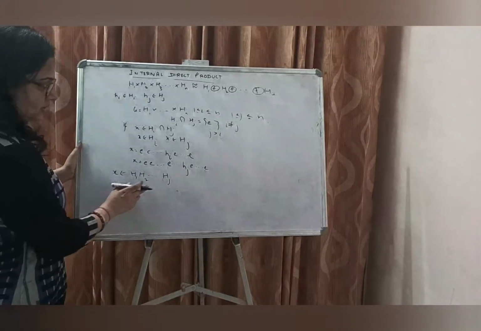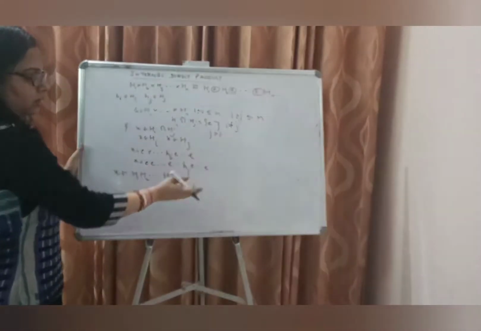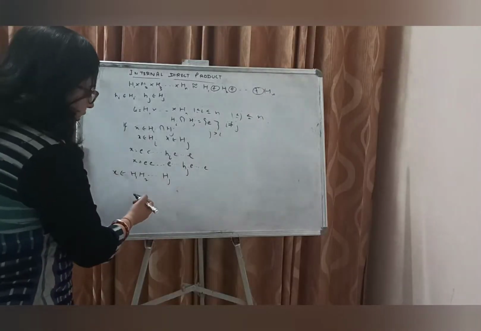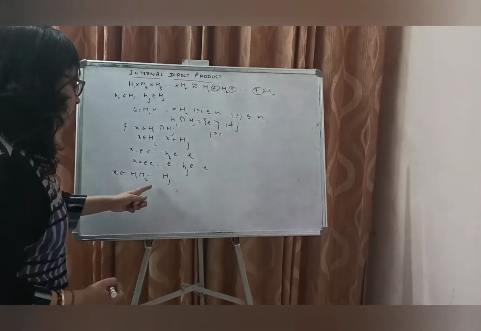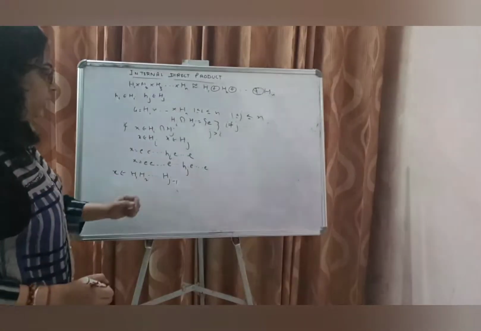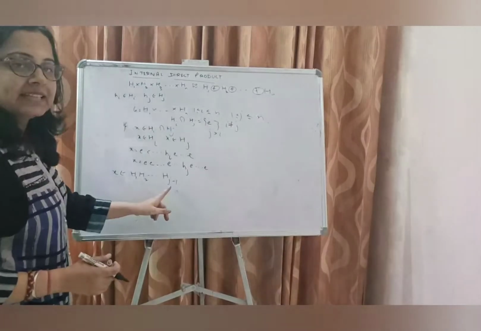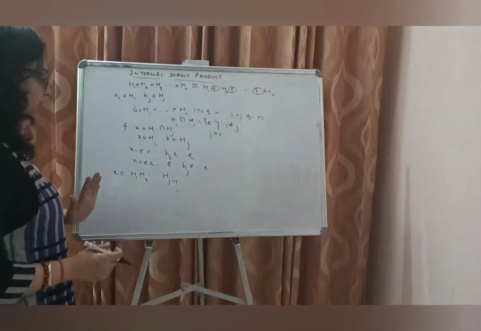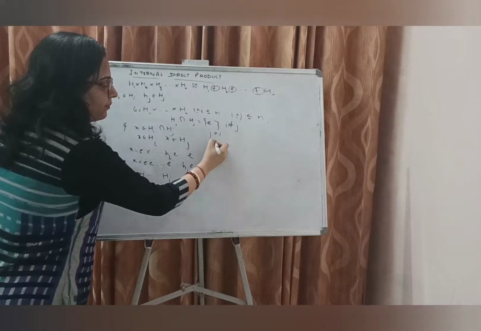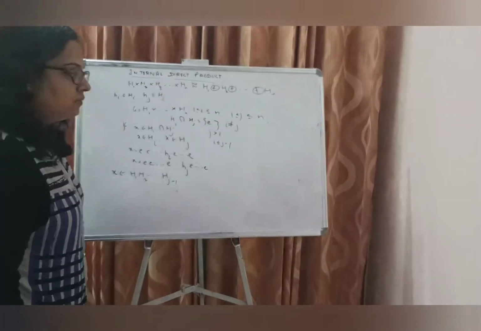So in this case, I am assuming j, that's why I have written Hj afterwards Hi. Can we say x belongs to this? Yes, because it belongs to Hi where i is less than or equal to j minus 1, because j is greater than i, so i is less than or equal to j minus 1.